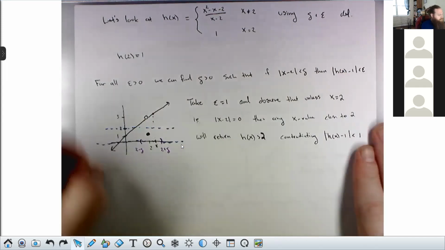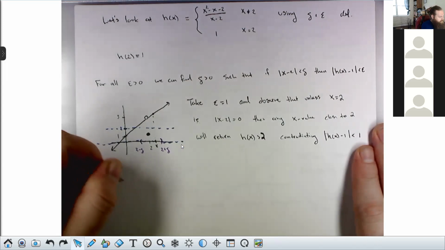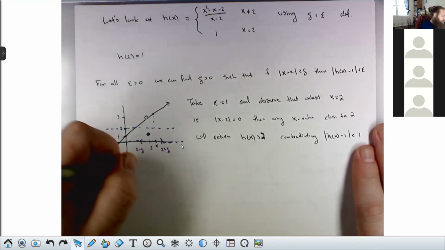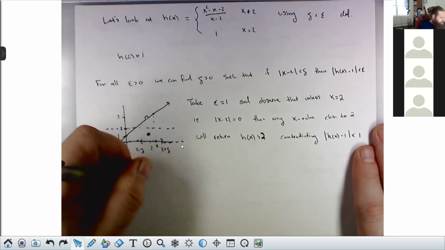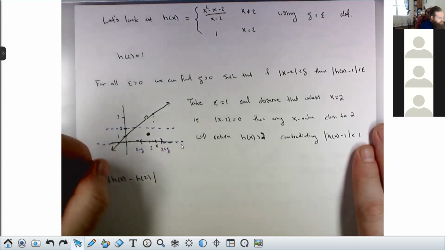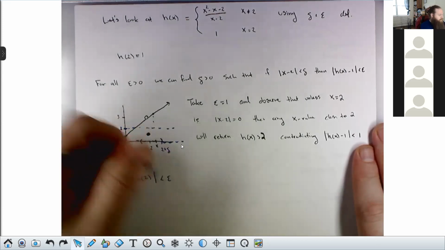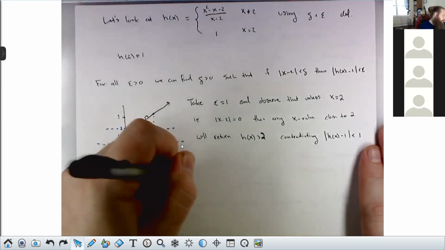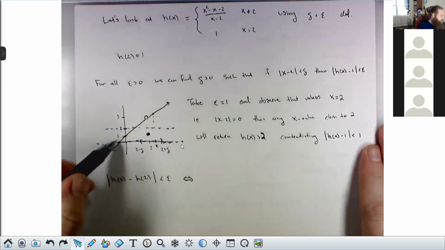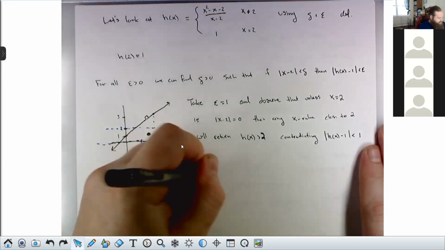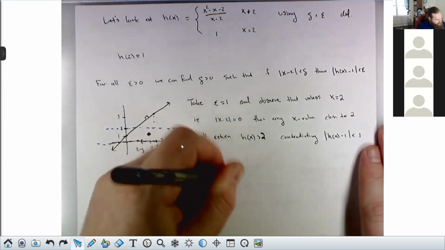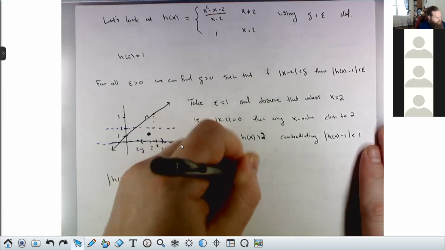Right? Or another way to say this is that the absolute value of h of x minus 1, or I'll write it here as h of 2, less than epsilon. We're taking epsilon to be 1, and h of 2 is itself also 1. So this would say absolute value h of x minus 1 is less than 1.